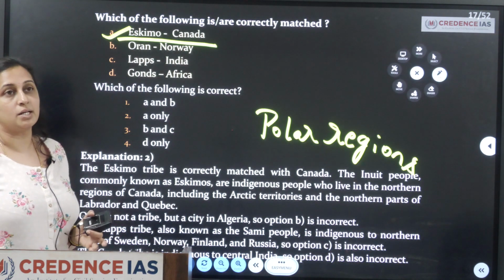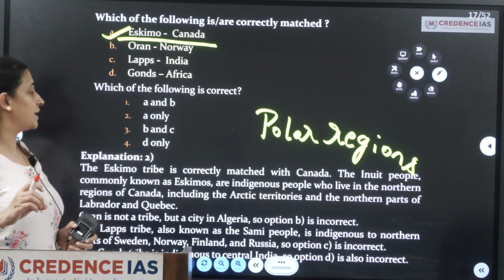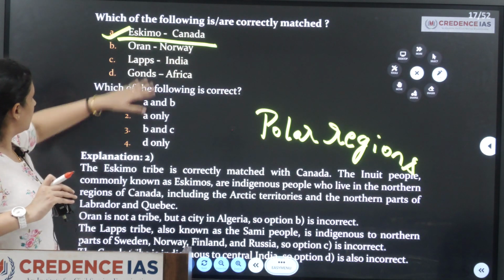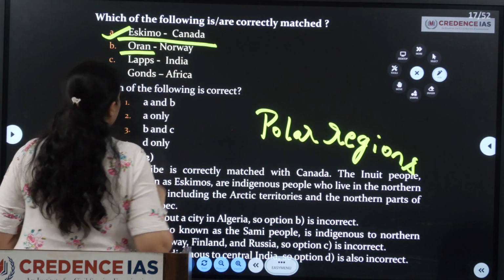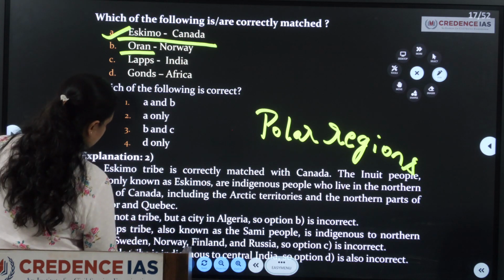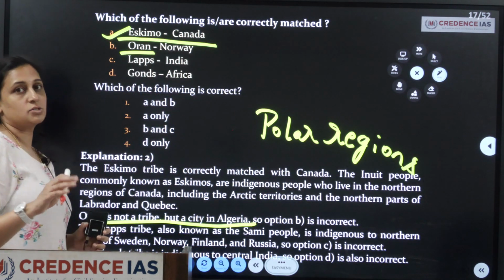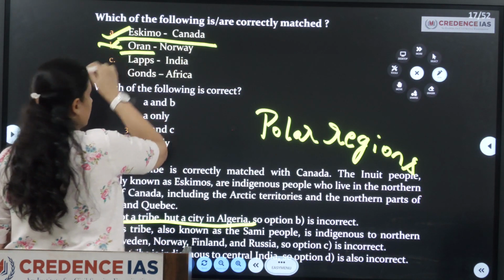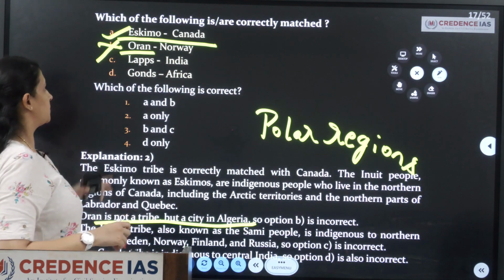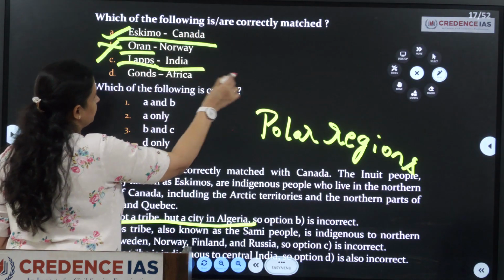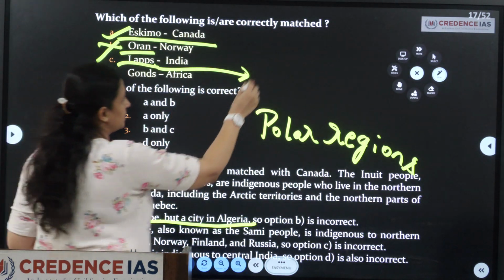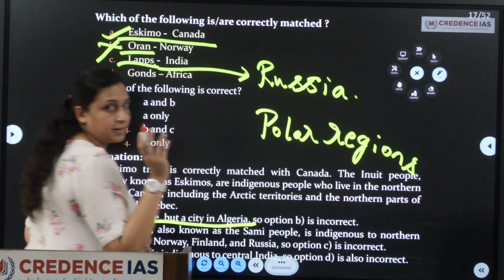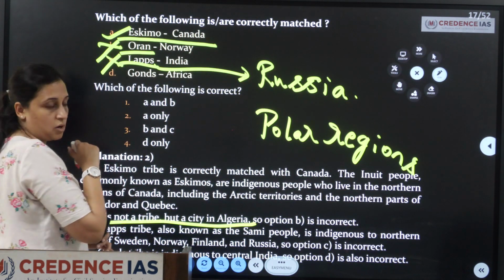Here you cannot eliminate options. You should know exactly which tribe lives in which country. Oran is not a tribe. It is a city in Algeria, so this option is wrong. Laps live in the Siberian region, that is Russia, so Laps nowhere live in India, hence it is wrong.